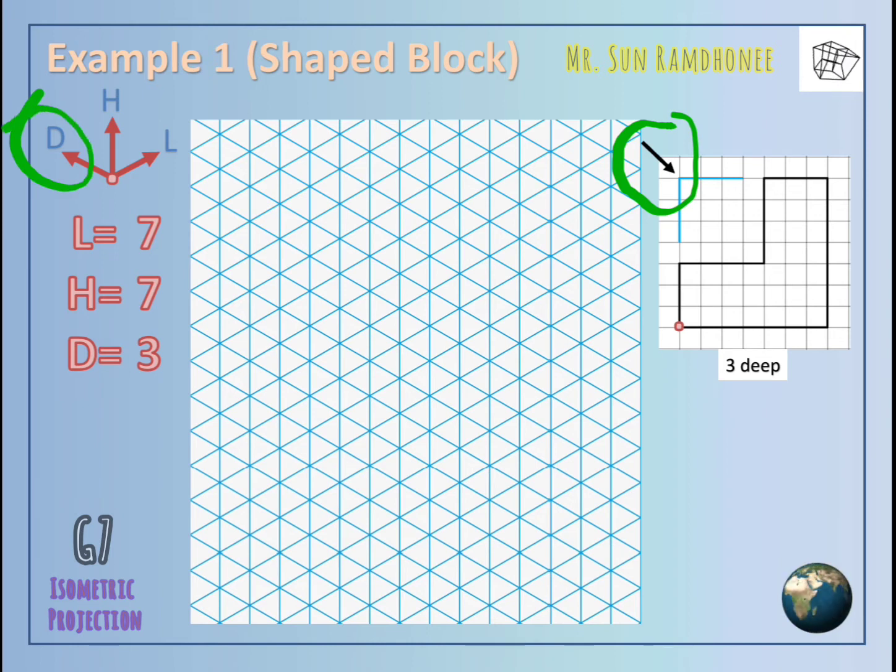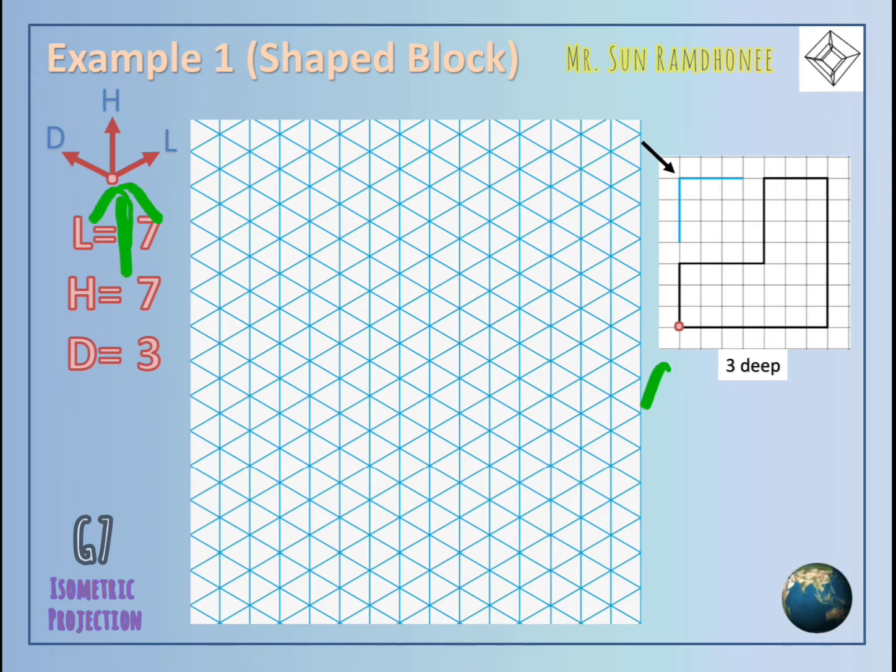Okay, you see this dot here. We are going to call this point 4, and then we are going to start with point 4 on the isometric axis, you see here, and then we are going to label this point 4.